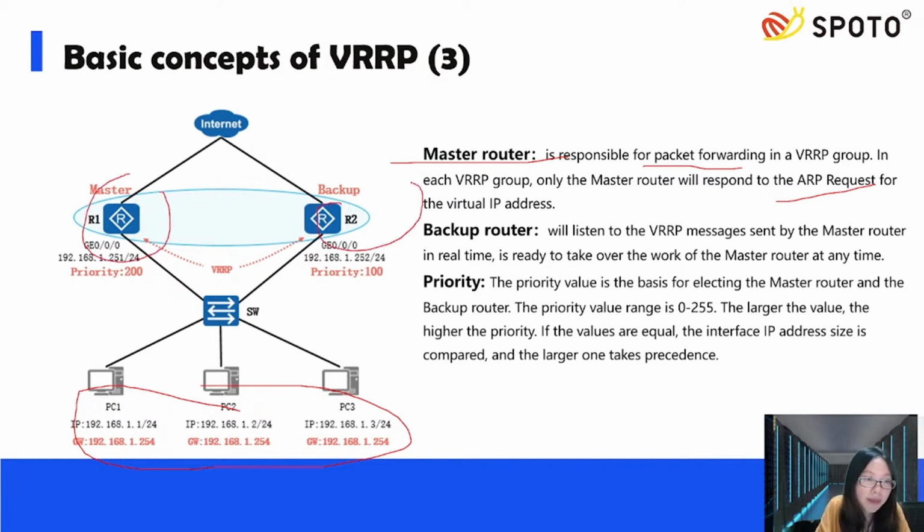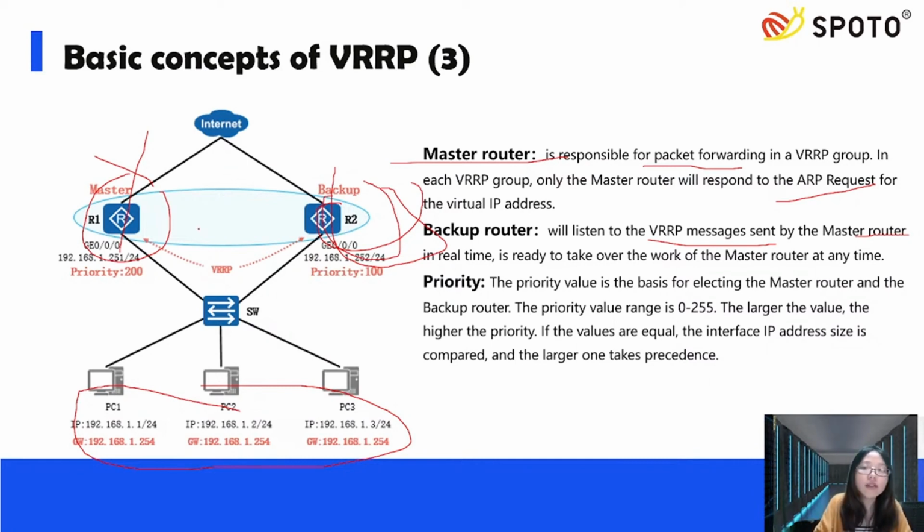Then there is the backup. The backup listens to VRRP messages sent by the master router in real time and is ready to take over the work of the master router at any time. If the master fails, the backup will become the master and respond to the ARP requests.